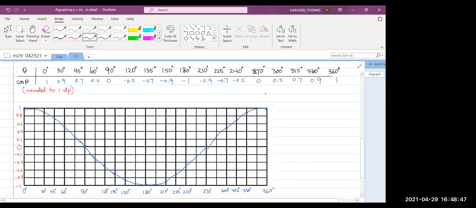Yeah, that's what it looks like approximately. Okay, let me emphasize the quadrantal angle, the quadrantal position is here.